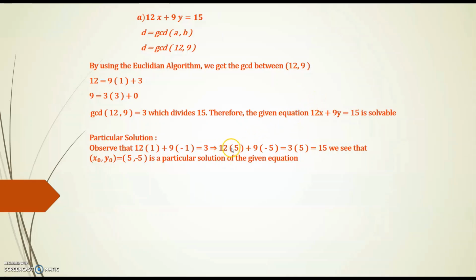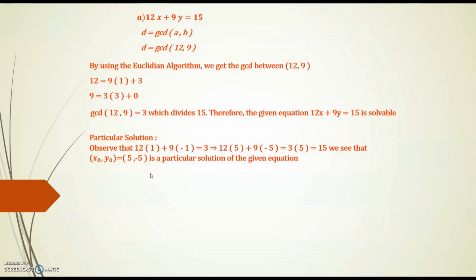So in this case, 12 times 5 plus 9 times negative 5 is equal to 3, which is the GCD, times 5, which equals 15, the number on the right-hand side of the equation. And we see that x0, y0, the particular solution for this equation, is 5, negative 5, because we found it by playing this game with the numbers.